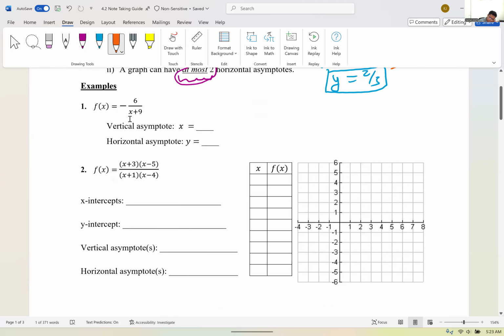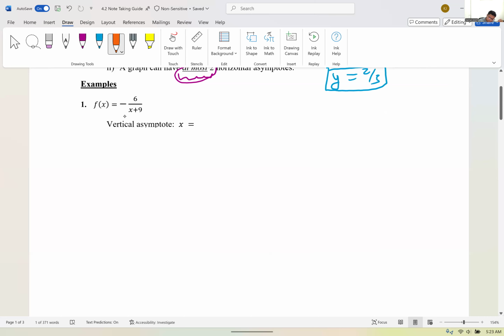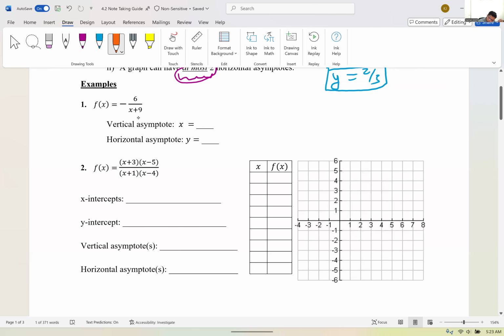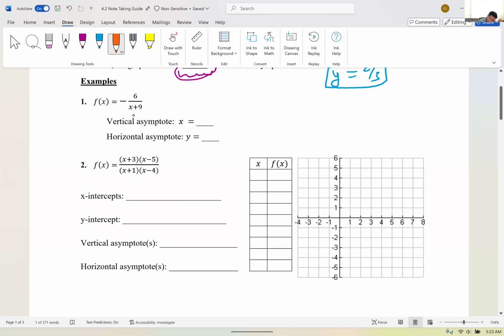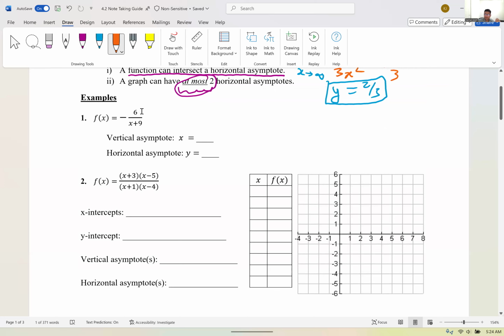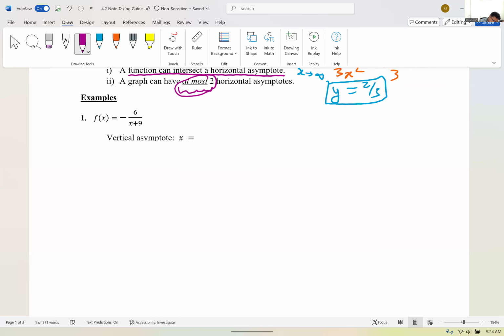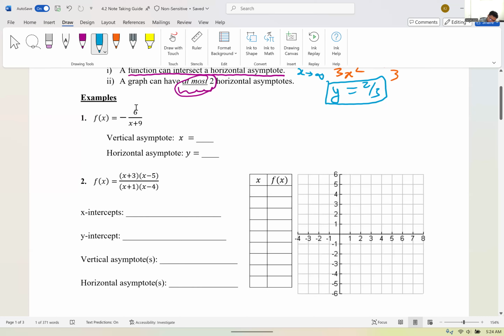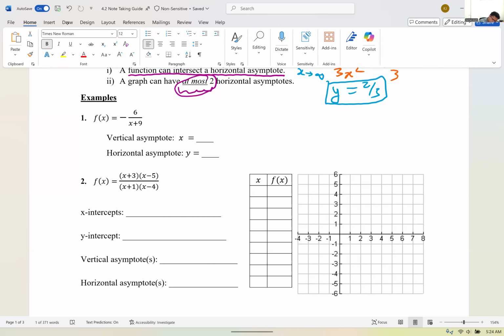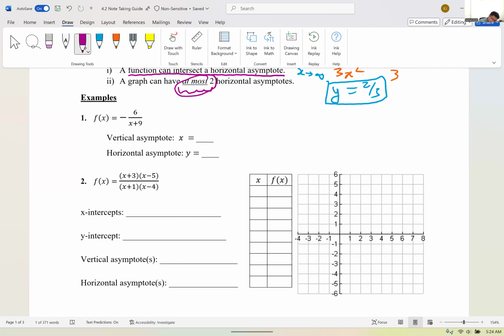Okay, I'm not able to write it for some reason.